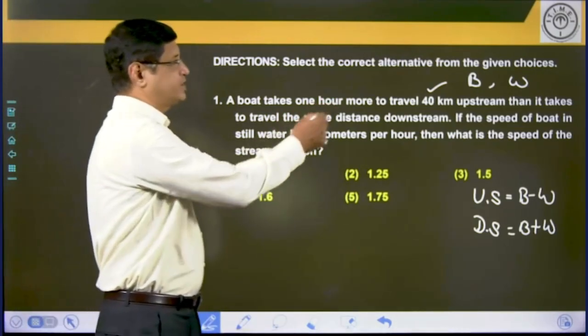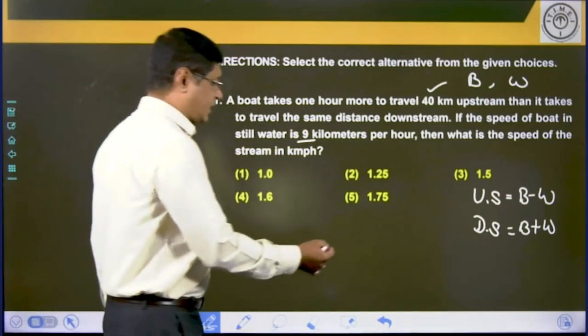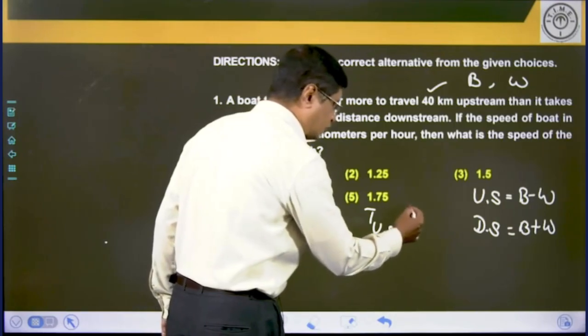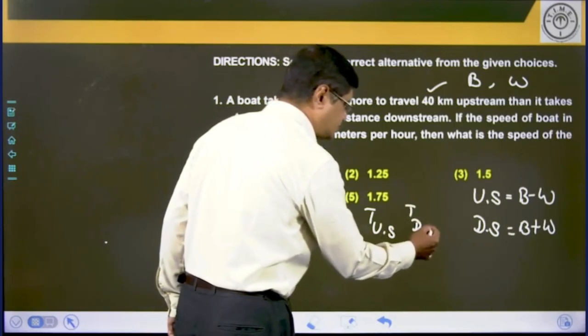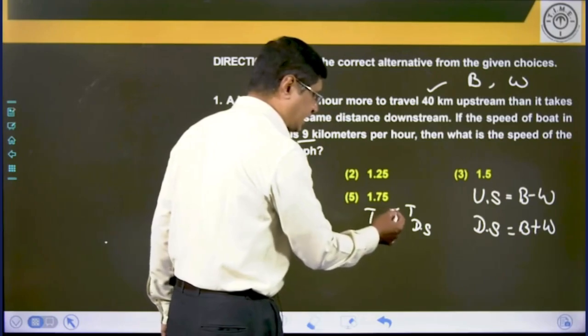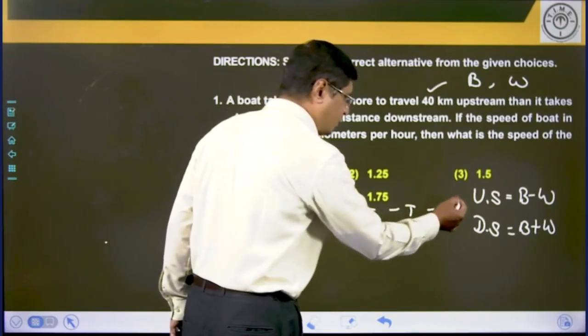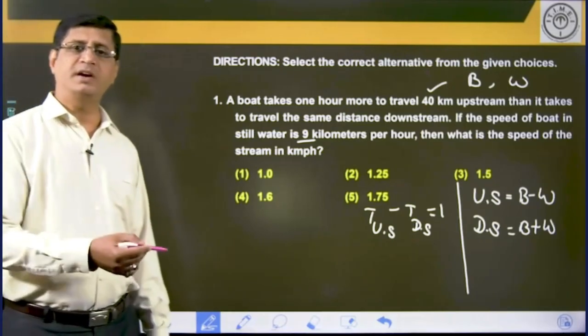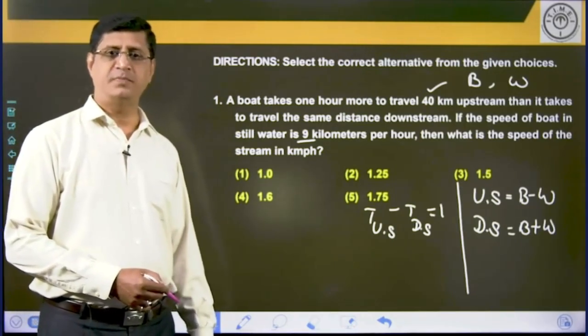Now 40 kilometers travel in upstream. So time taken in upstream and the time taken in the downstream. When you observe these values, the time taken in the upstream is 1 hour more than the time taken in the downstream. What do you mean by time? Time means distance by speed.